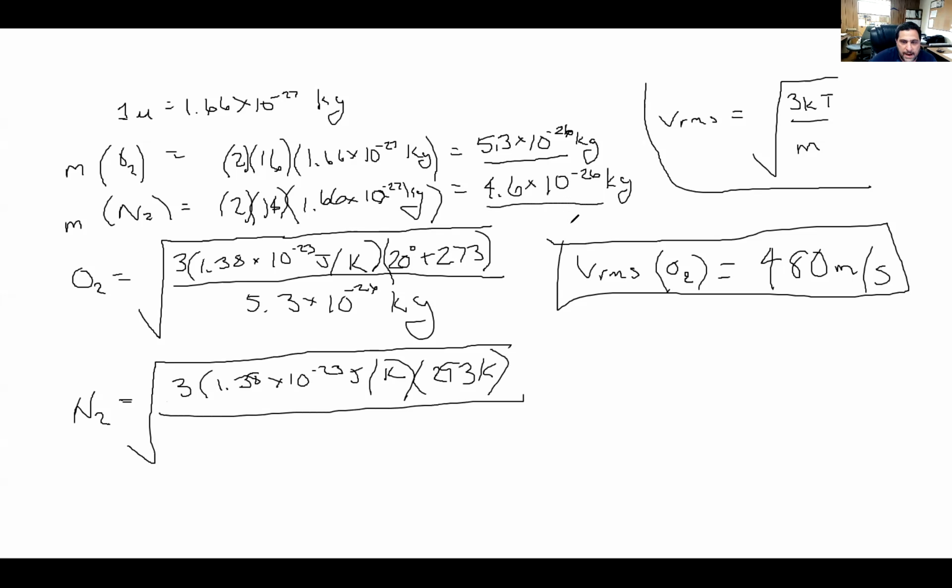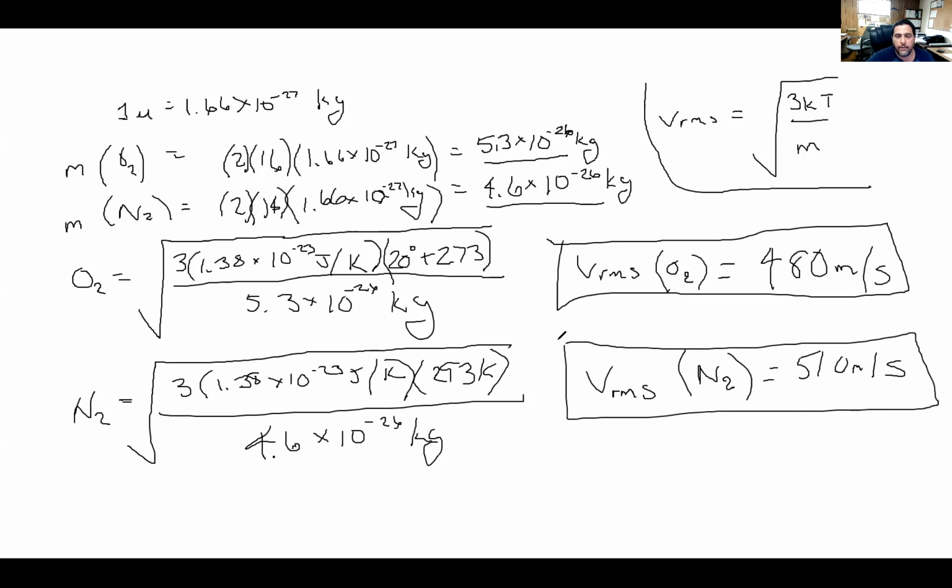Now I'm going to use the mass of my nitrogen, which is 4.6 times 10 to the minus 26 kilograms. So the root mean square velocity of the nitrogen is 510 meters per second. Now that's how fast the molecules are moving around in the gas.